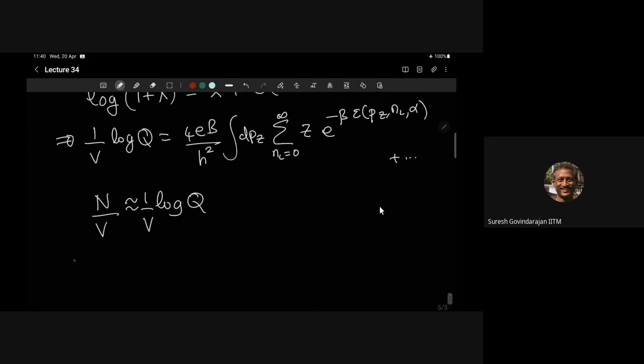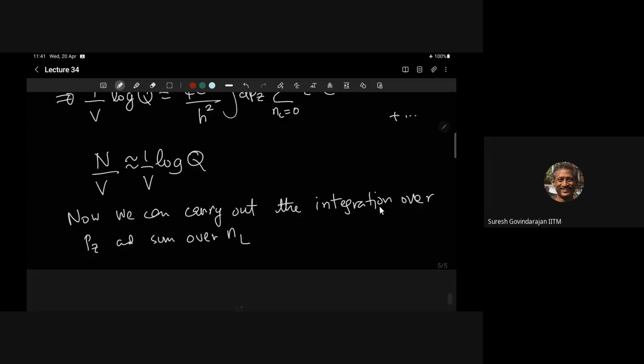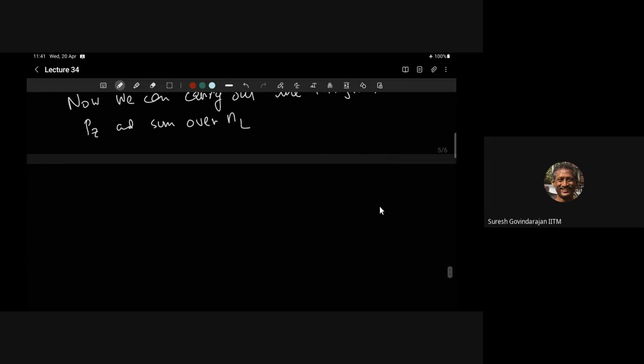The integration over Pz is a Gaussian integral, and the sum over NL, if you remember, is just a geometric series. So I'll just write the result.